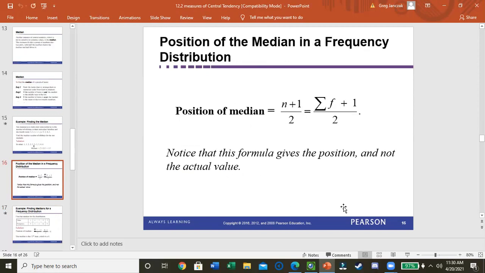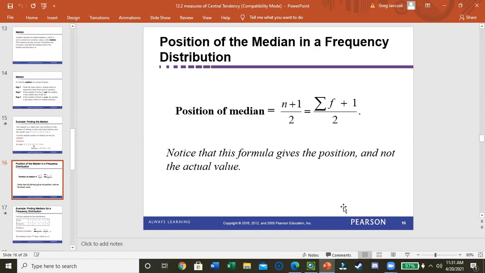When there's a large number of items, data, and we put them into a table or we sort them out, we can use what we call position median.